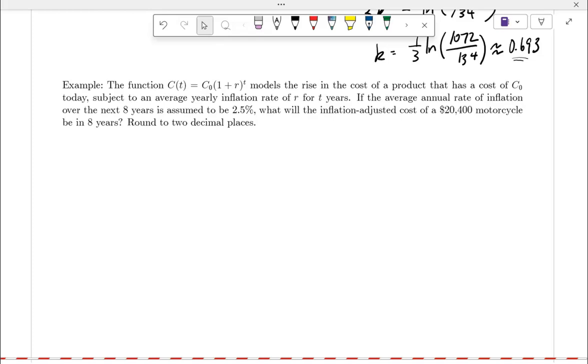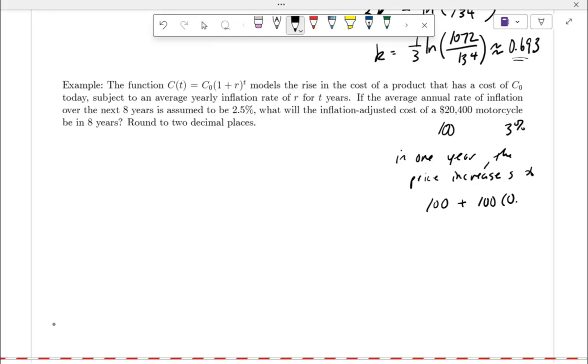So if you had something that was $100 to start with, and you had 3% inflation, then in a year, the price would increase to what? 103, right? It's 100 plus the 100 times the 0.03.